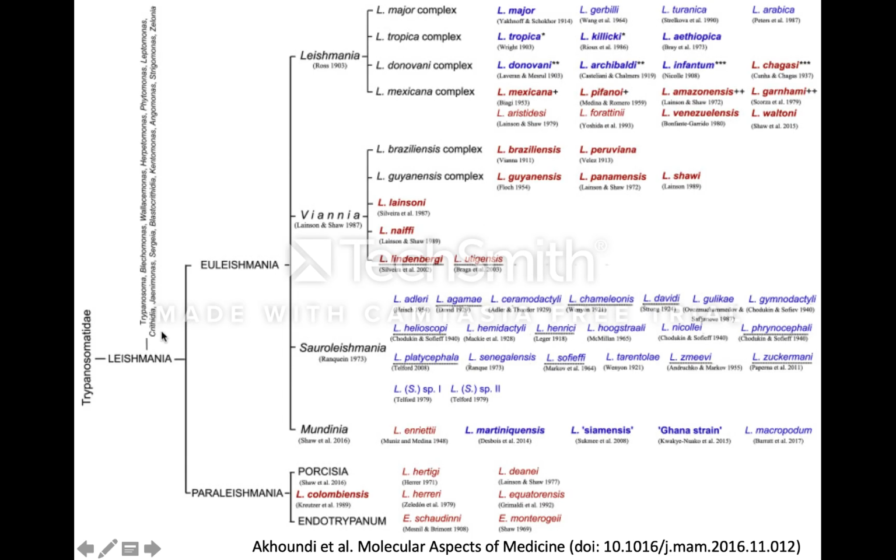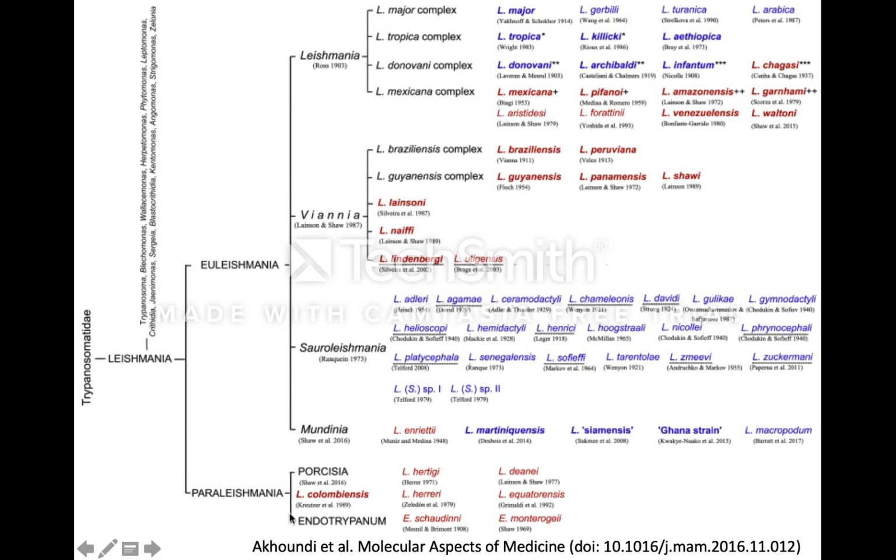We know this because if we compare the different species here, we can identify different levels of complexity across these different species. So if you want to read more about this, I recommend the Kundi et al. paper that reviewed this whole area from 2 years ago, and they looked at the Leishmania subgenus versus the Viannia versus the Leishmania, and also other more recently documented ones like the Mundinia, including Enriettii and martinicensis and other ones.